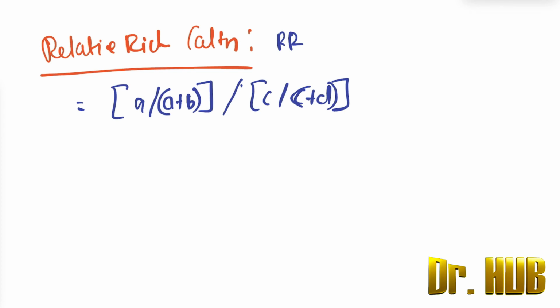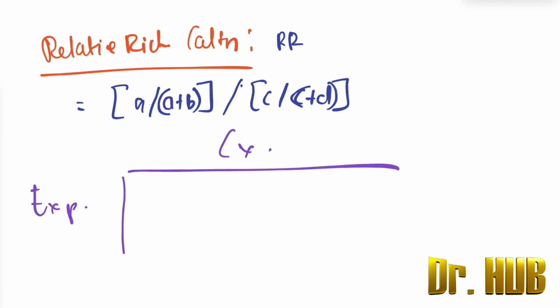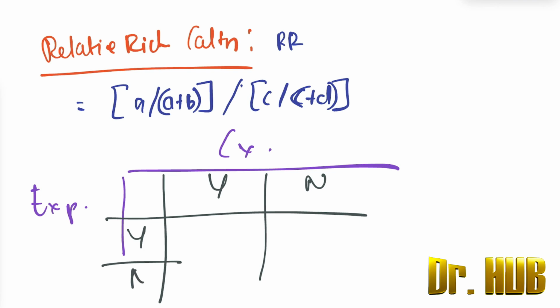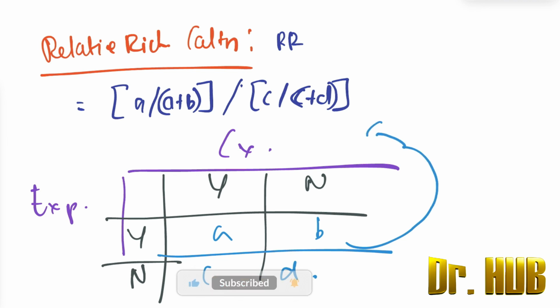Now let's break this down. We have exposure on one side and cancer on the other side, with yes and no, and here also we have a yes and a no. These are the values A, B, C, D, and then we get the respective formulae.